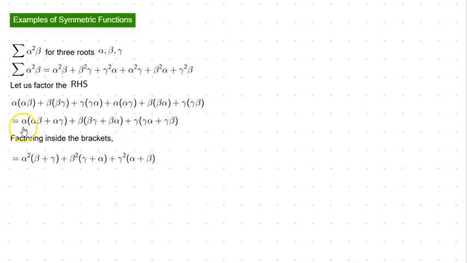Now let's factor inside the brackets. We get alpha square, because alpha is common to both the terms inside the bracket. So alpha square times beta plus gamma plus beta square times gamma plus alpha plus gamma square times alpha plus beta. Alpha square times, remember we know alpha plus beta plus gamma.